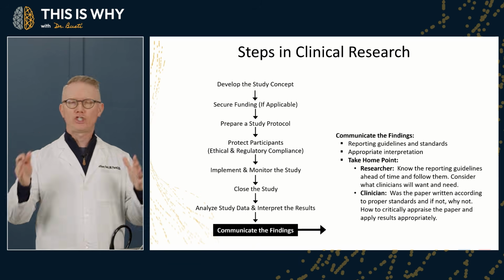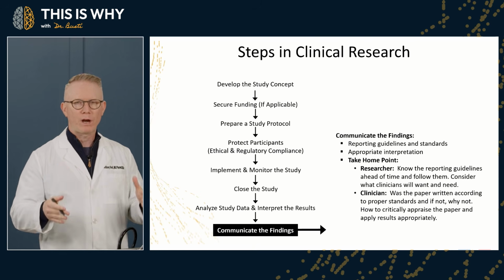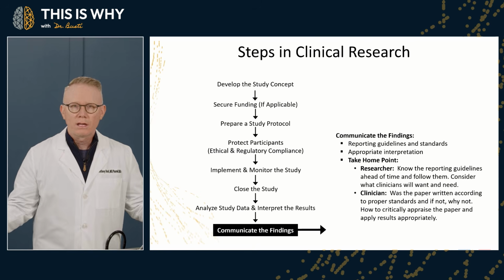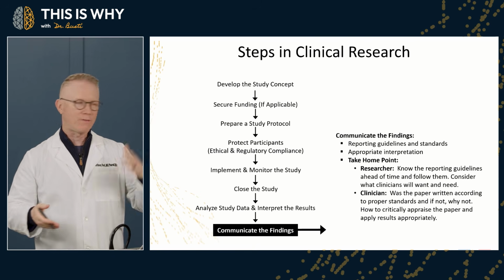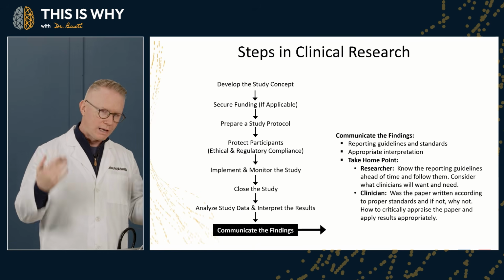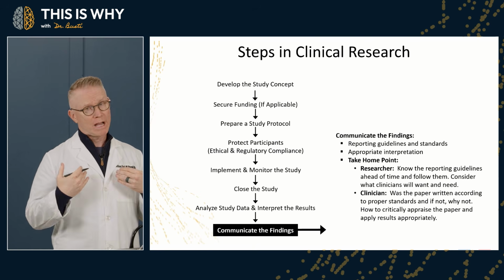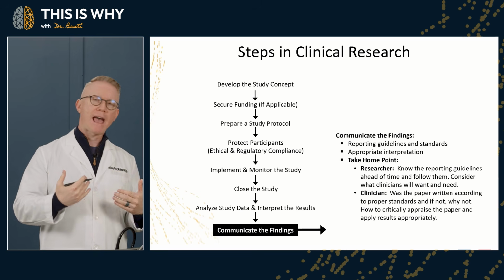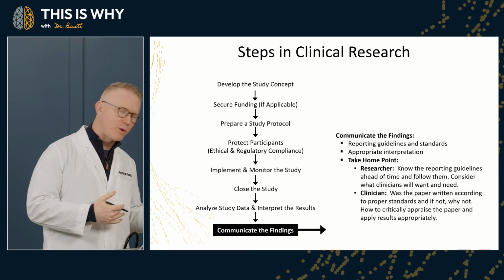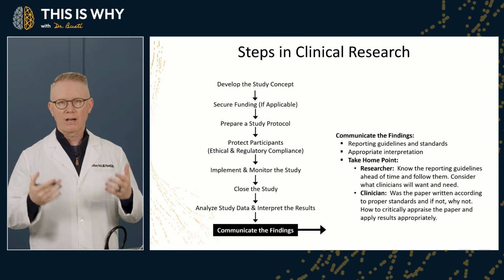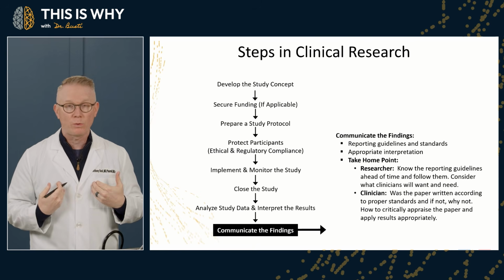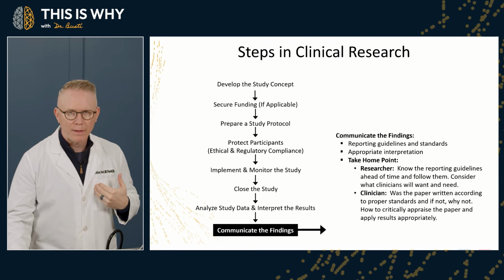These guidelines ensure that the studies are reported in a consistent format so that we as readers can easily identify key information, evaluate the methods, and determine whether the results are reliable, okay? So as clinicians, we should be asking whether a paper follows appropriate standards and whether the results are presented in a way that allows for proper interpretation by us so that we can then extrapolate it, okay?